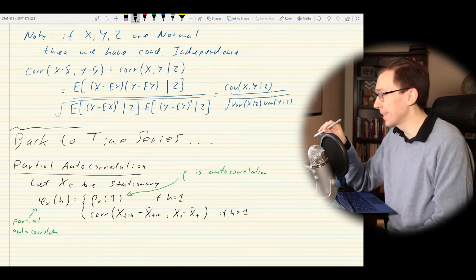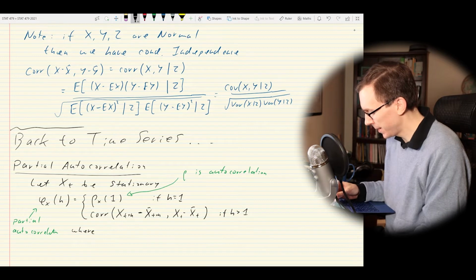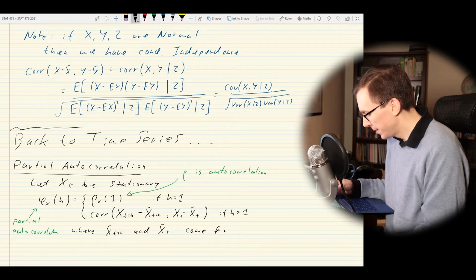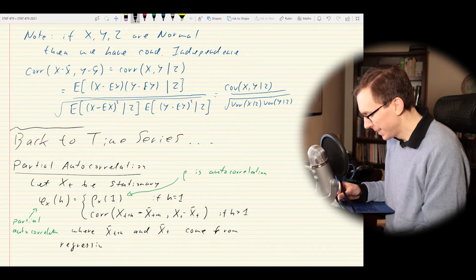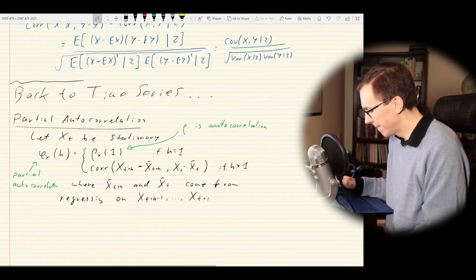But I didn't tell you what we're regressing on yet. What we're regressing on is all the intermediate terms. So I say where x hat t+h and x hat t come from regressing on x_{t+h-1} all the way to x_{t+1}.